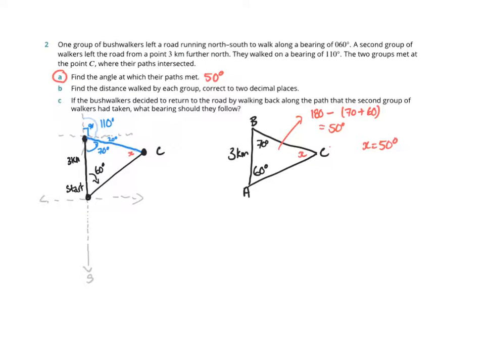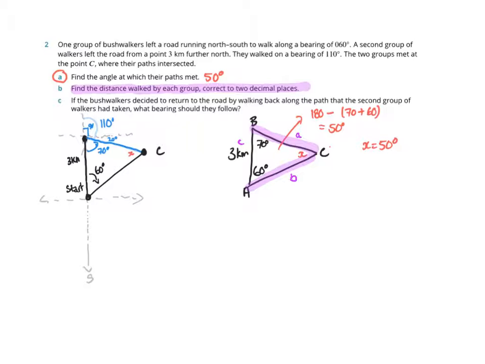Now the second part of the question is to find the distance that each group walked, correct to 2 decimal places. So the first group walked that bit and the second group walked that bit. So you're going to have to do 2 different calculations. If I look at this triangle, that'd be little a, little b, little c.